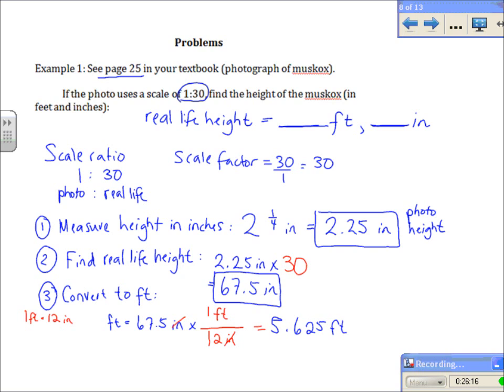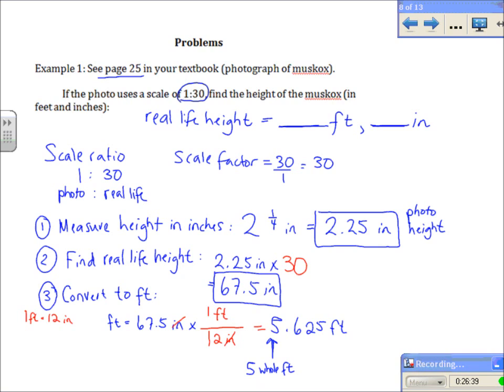That means that this muskox is 5 feet high or 5 feet tall, and then the remainder of that I can convert back into inches for my answer. Bear with me here a moment. So when you do this, that tells you that there are 5 whole feet.